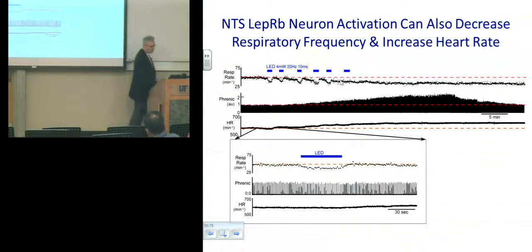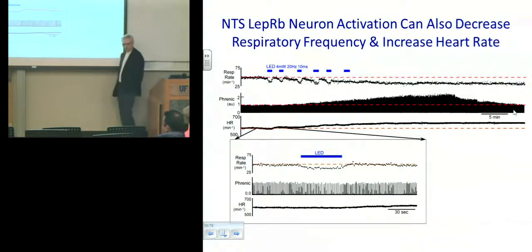And we give relatively short pulses of it. During that pulse, we actually get a decrease in respiratory frequency. This first one is blown up here to show the decrease in frequency with no real effect on amplitude during that short burst. But over a period of time, as we do multiple, we get a progressive increase in the amplitude that outlasts the stimulus period by quite a bit, and then gradually recovers back down to control.